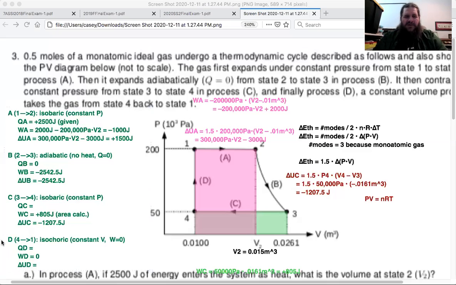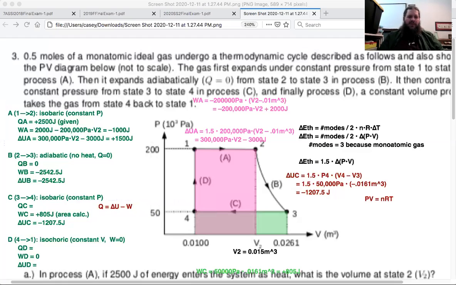And with that, what else can we immediately calculate? What's the only unknown left for process C now? Q would be delta U minus work. Yeah, because we still have the first law of thermodynamics, Q plus W equals delta U. So Q is going to be delta U minus work.